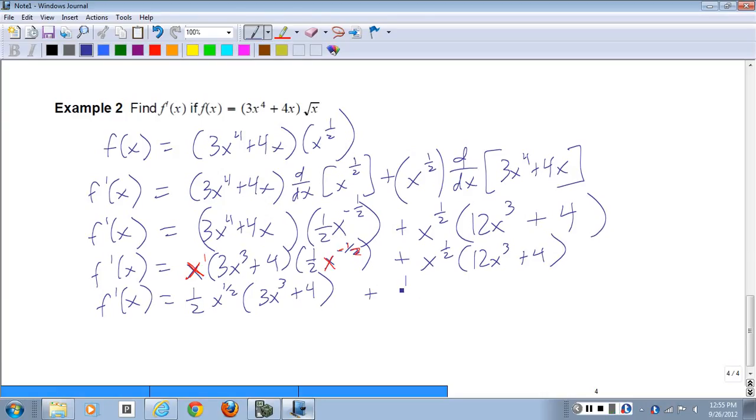Plus 1/2 x to the 1/2, 24x cubed plus 8. Multiply by 1/2 on the outside and multiply by 2 on the inside.